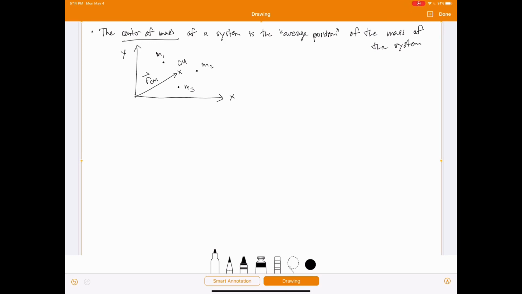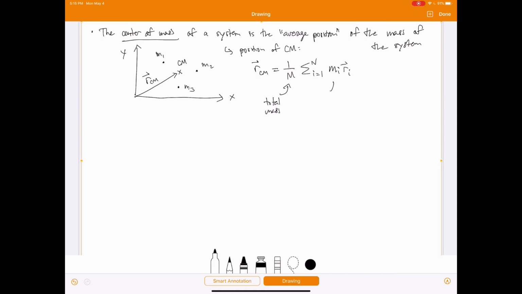The way we calculate R_CM, the position of the center of mass, or CM for short, is given by 1 divided by big M, that's the total mass right there, times the sum from i equals 1 to N of m_i times r_i.